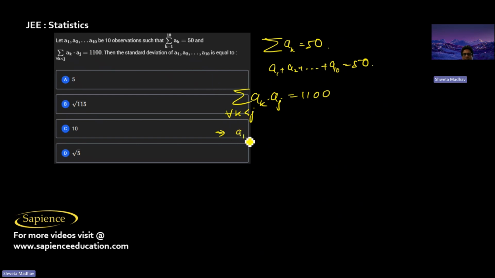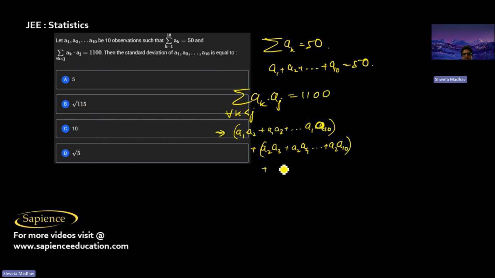If you take A1, then J can be more than K. So it will be A1A2 plus A1A3 plus up to A1A10. Then plus A2A3 plus A2A4, and so on till A2A10.